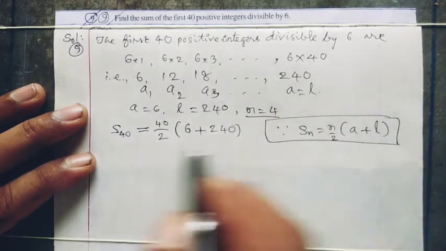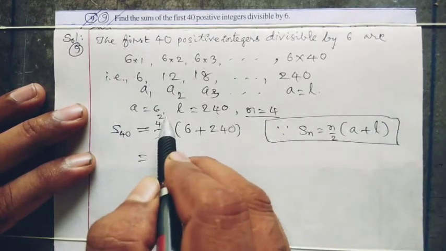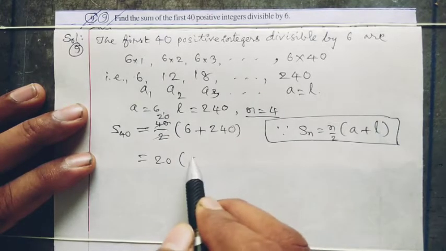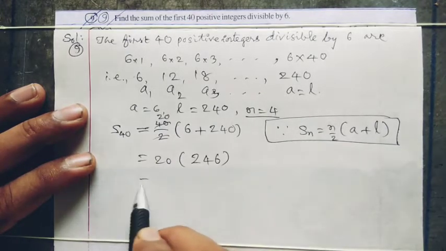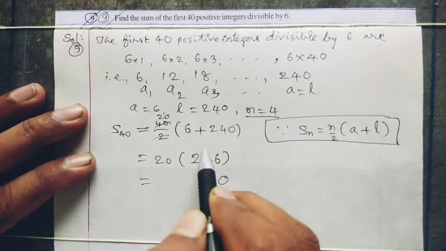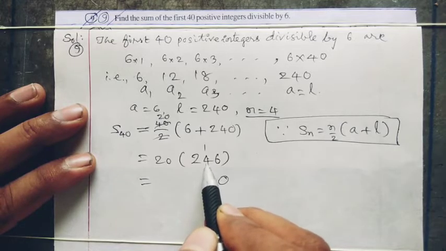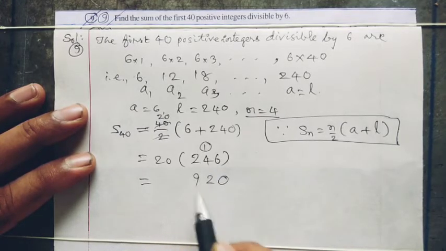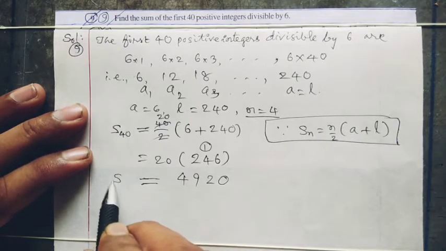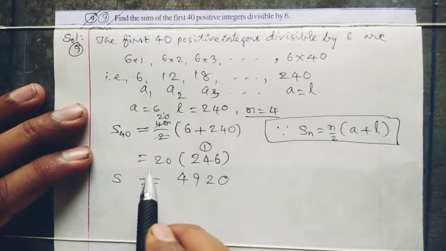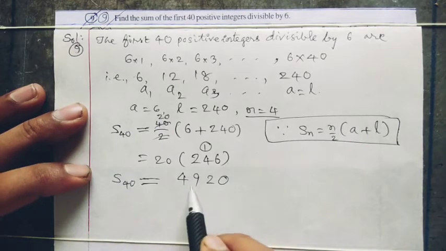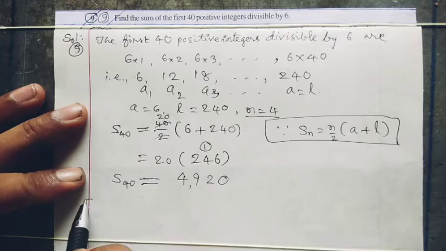So the sum is 40 by 2 times (6 plus 240), which gives 20 times 246. So the sum of the first 40 positive integers divisible by 6 is 4920. This is the answer.